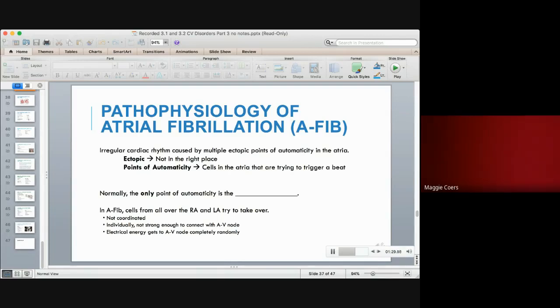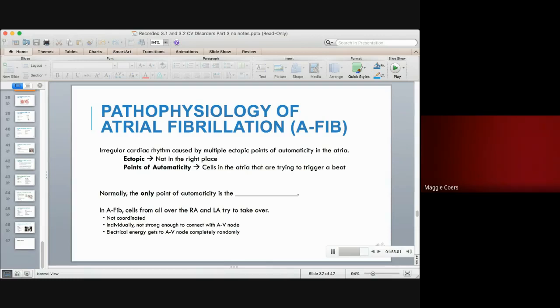The problem is that all of these little beats or little triggers that are happening are not in the right place. They're ectopic and they're not strong enough and they're not coordinated enough. Rather, they're all too random and they make their own little impulse that never makes it to that AV node.